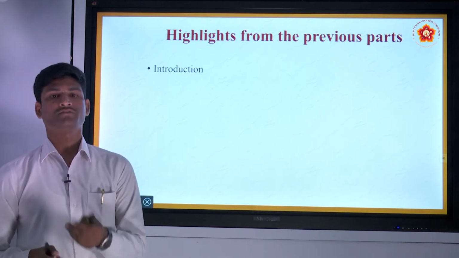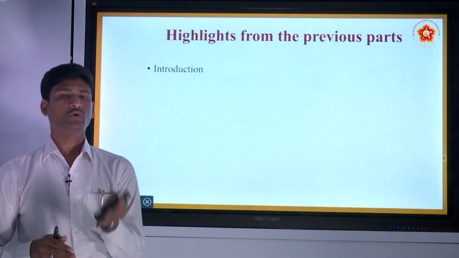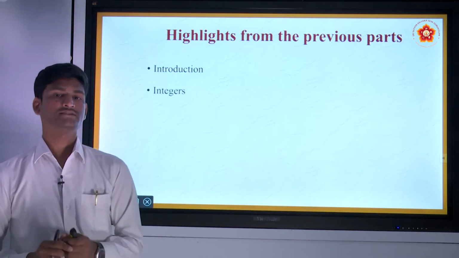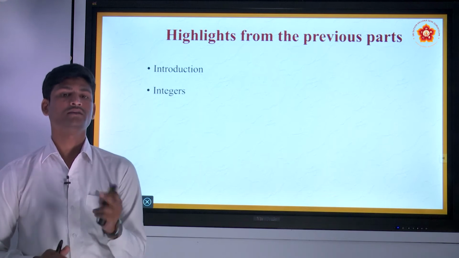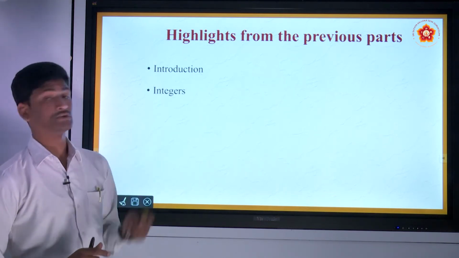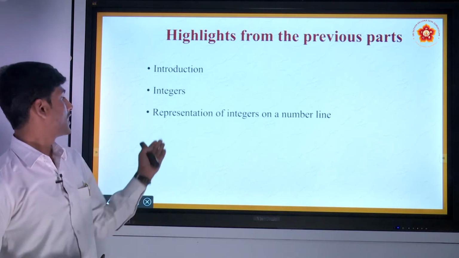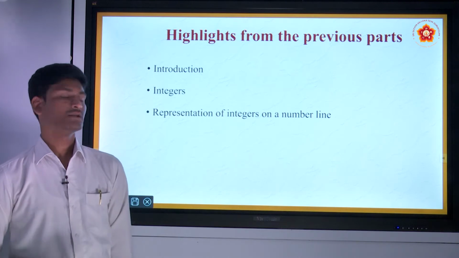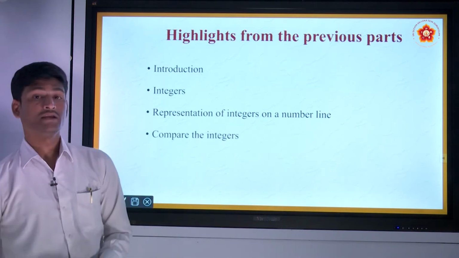The whole numbers start from 0 to infinity. Then integers. The integers are the natural numbers and their opposite numbers, including 0. Then how to represent integers on a number line. Then compare the integers.